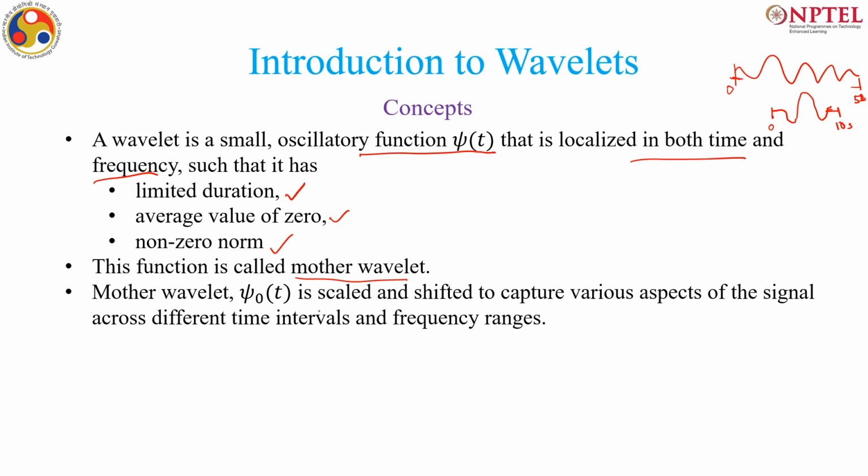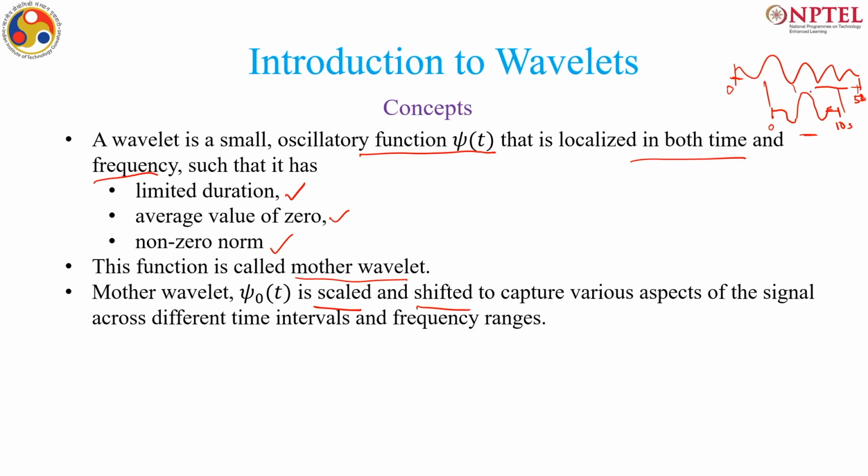So the mother wavelet is scaled. Scaled means that if the signal components are faster than the mother wavelet, I have to shrink it, whereas there can be cases where I have to dilate the mother wavelet. That is the meaning of scaling. And then shifting: I will analyze for this region, then shift it and analyze for the next region.